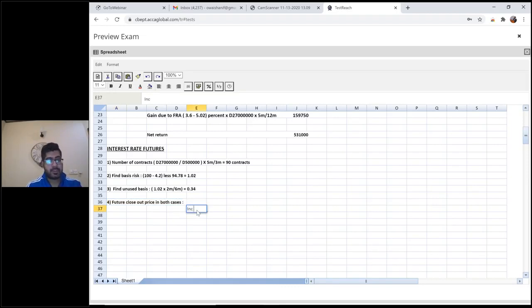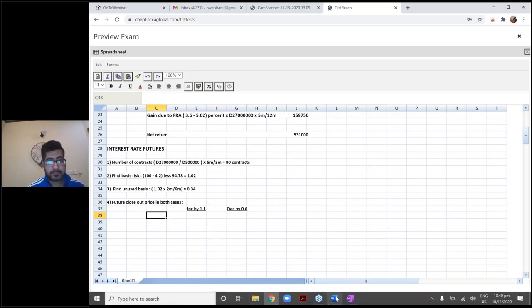The first case is interest rates increase by 1.1, and the second case is interest rates decrease by 0.6%. So you need to find the future closeout price in both cases. That's what step number 4 says. There are two cases.